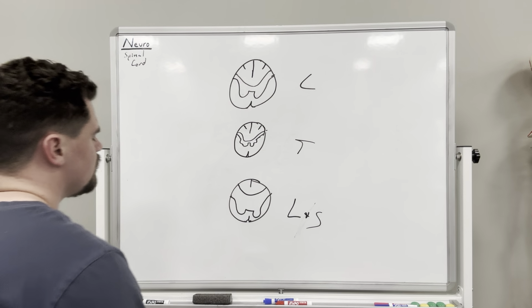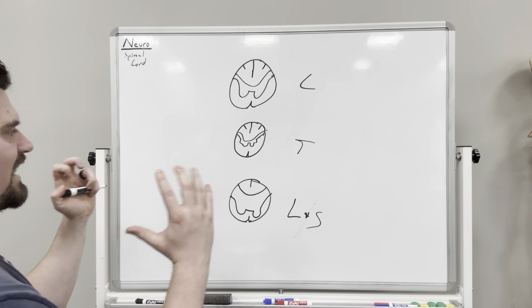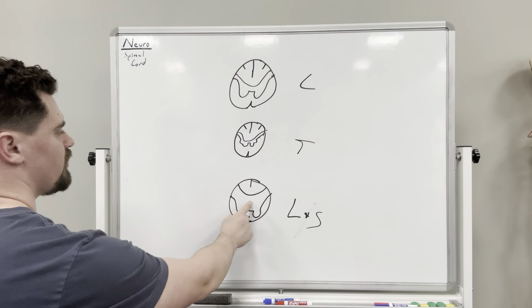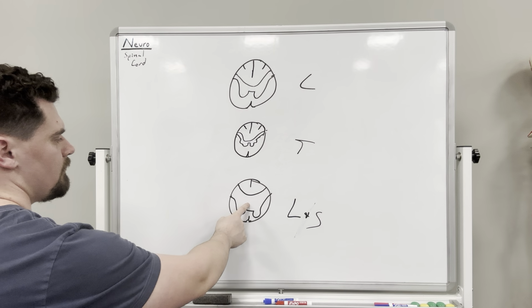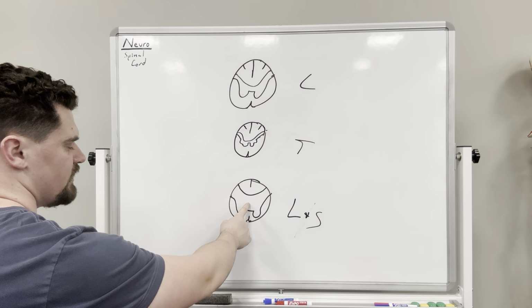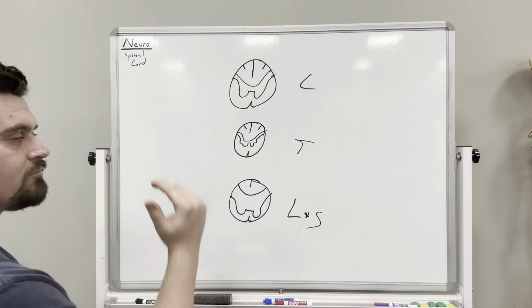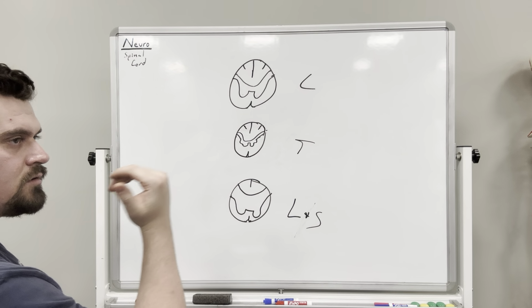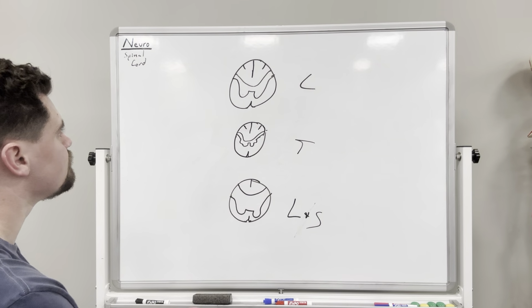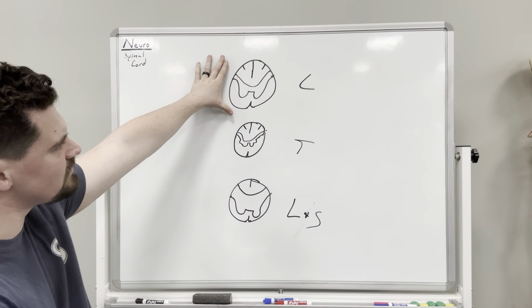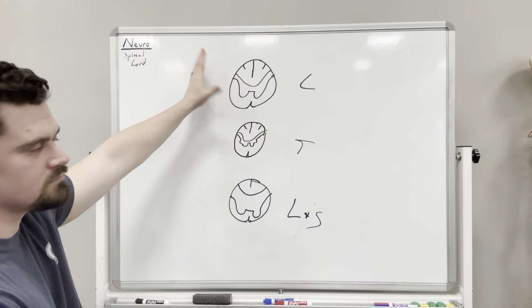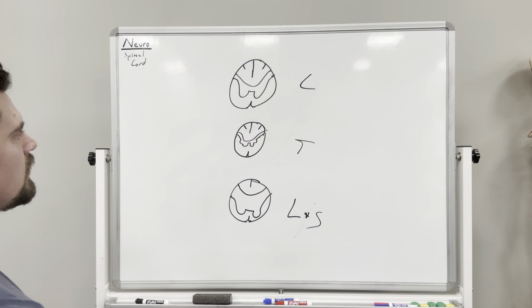Another thing that we could look at is the ratio between gray matter and white matter. So the cervical, it looks like it's roughly 50-50-ish. I mean, my drawing could be better.